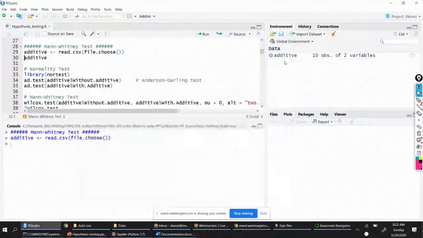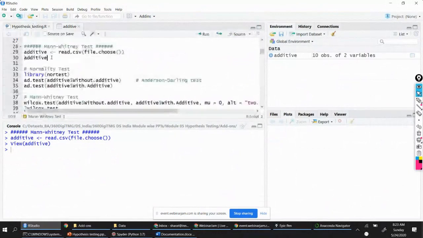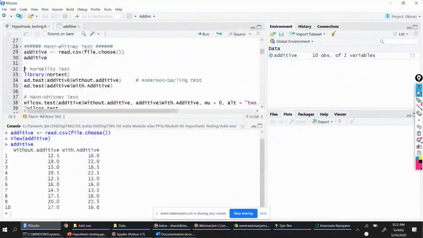So I have 10 rows, 2 columns. The first column says without additive. This is your regular fuel. And the second column says with additive. And this is the additive fuel.